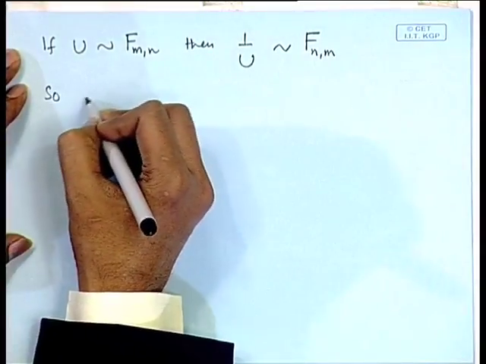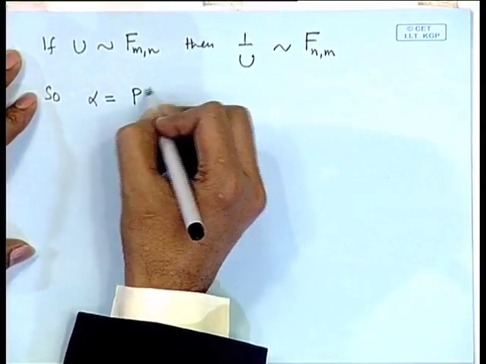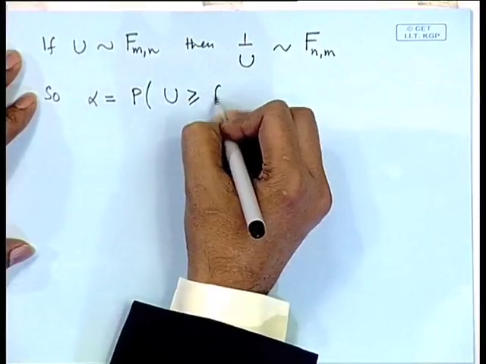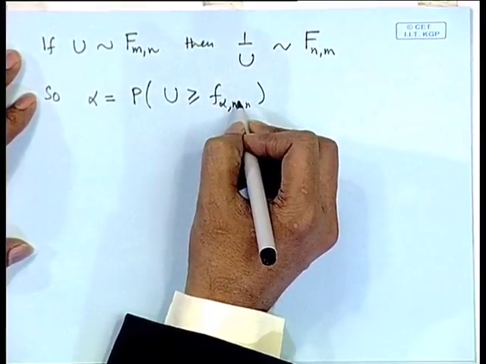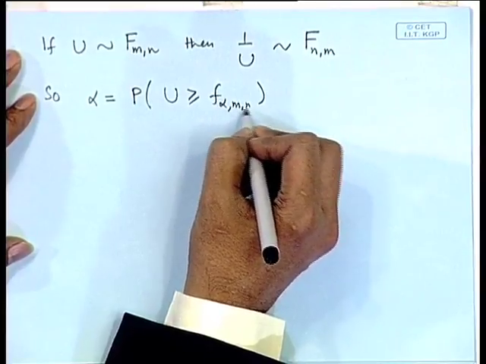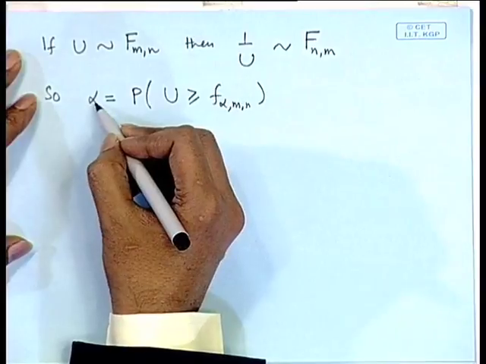So, we can derive a formula for the points of the f distribution. We defined that f alpha m n is the upper 100 alpha percent point of the f distribution on m n degrees of freedom. So, probability of u greater than or equal to this is equal to alpha.